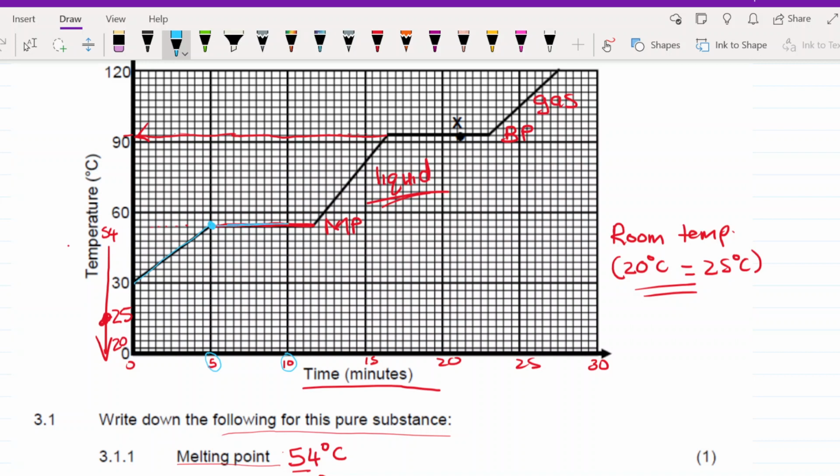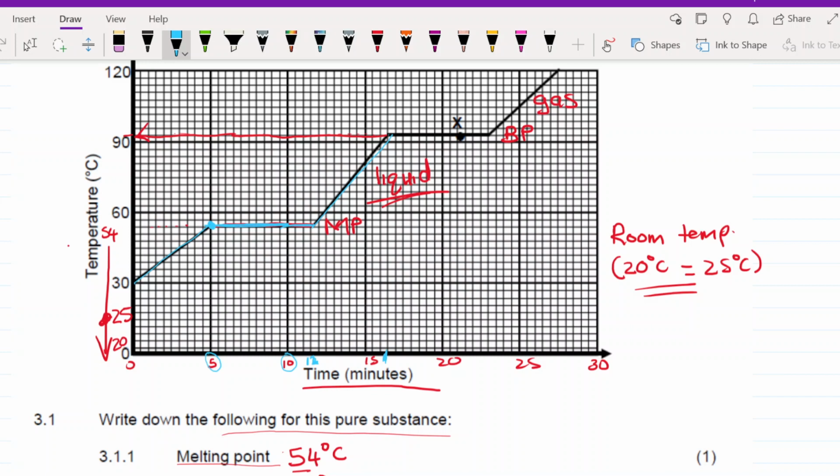The temperature is still 54 Celsius degrees, up until, let's say, 12 minutes. Then from 12 minutes up to 15 minutes, the temperature is increasing again.